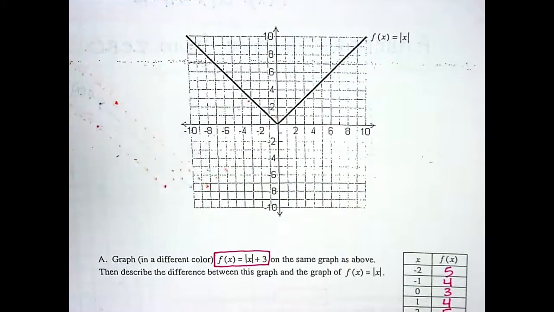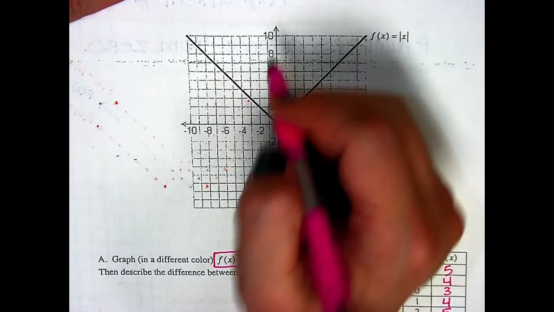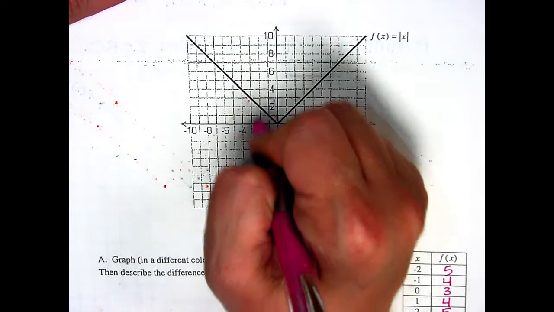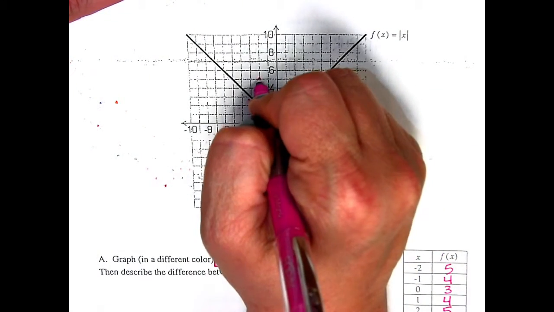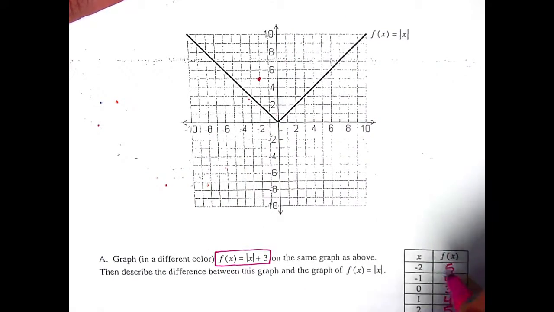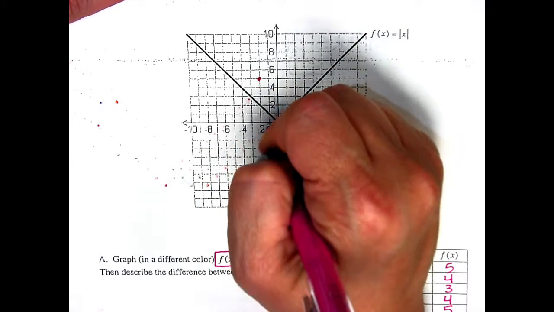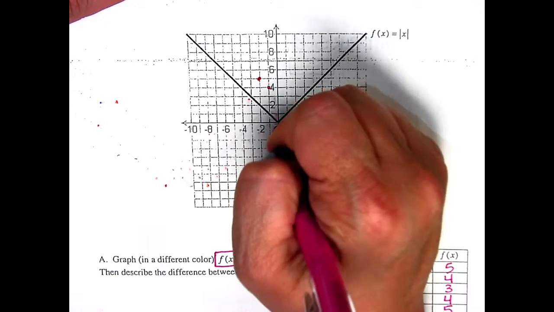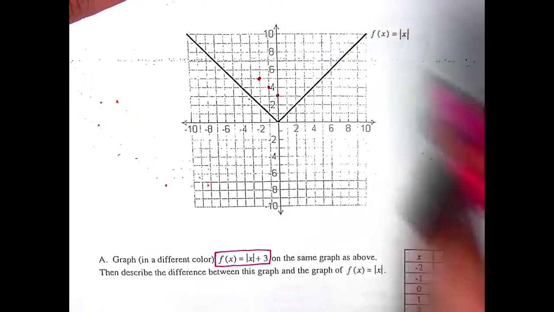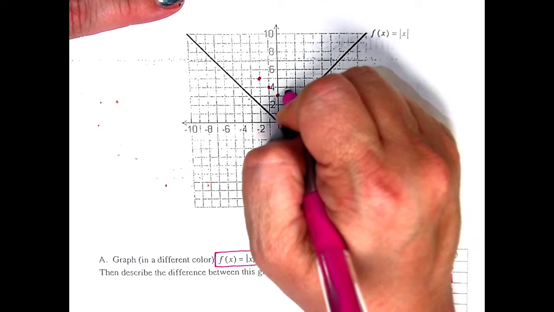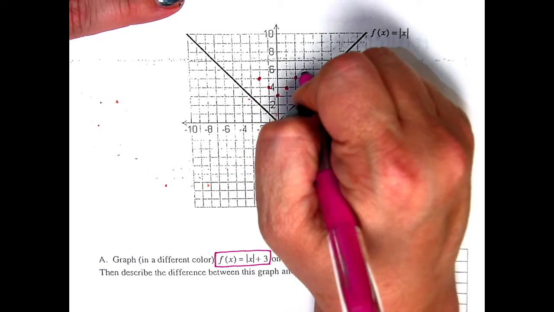So we're going to go back up to the coordinate plane and we're going to graph. So you have negative 2, 5, negative 1, 4, 0, 3, 1, 4, and 2, 5.